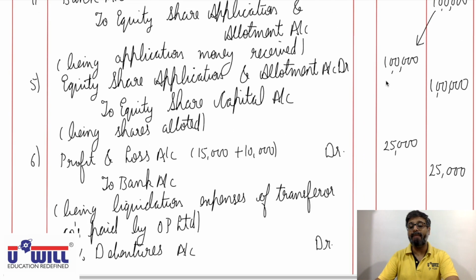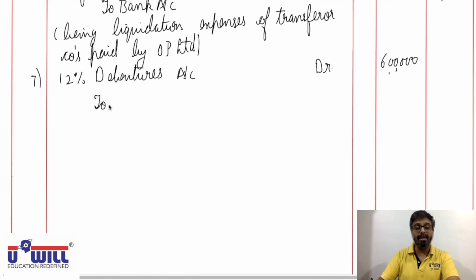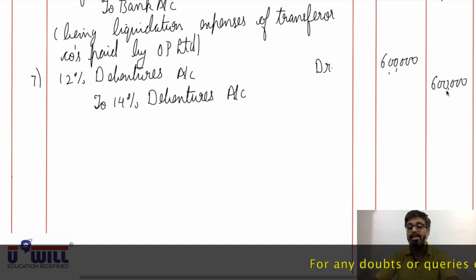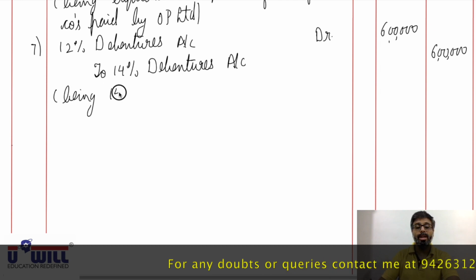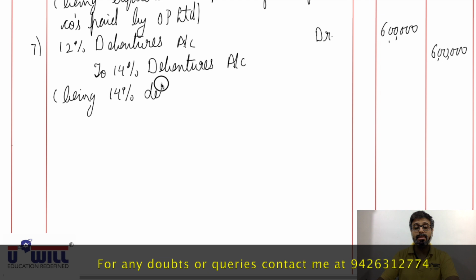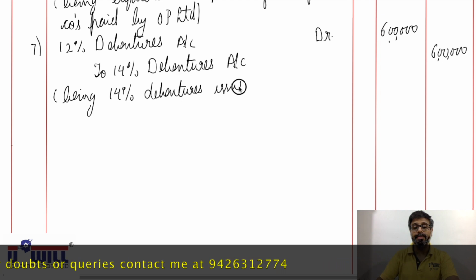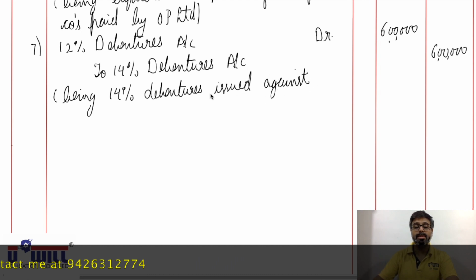So that old liability of 12% debentures account gets closed, and against that we are issuing to 14% debentures account of same value 6 lakhs, being 14% debentures issued against 12% debentures.